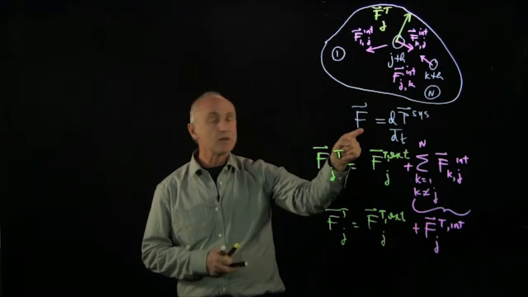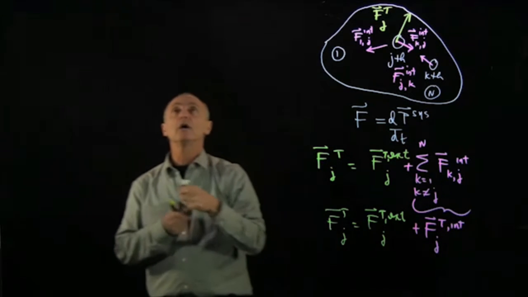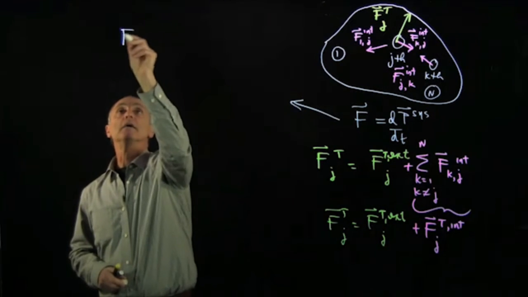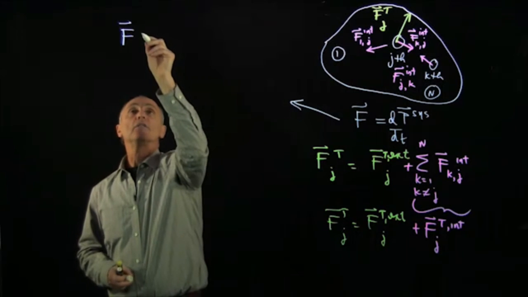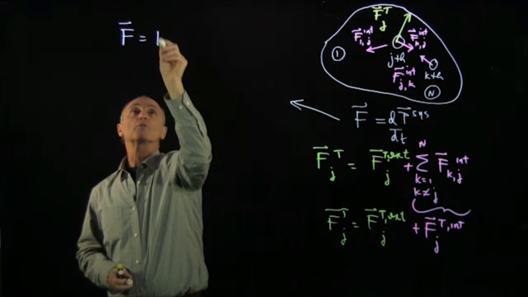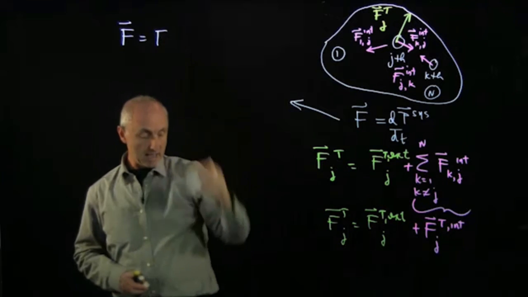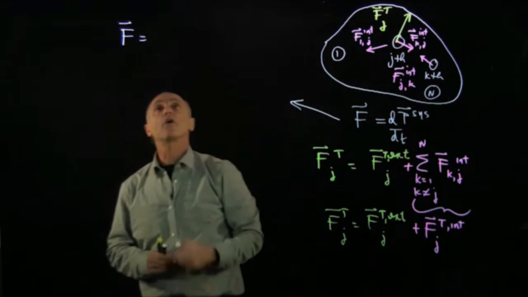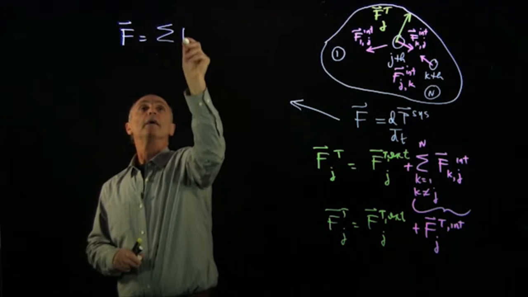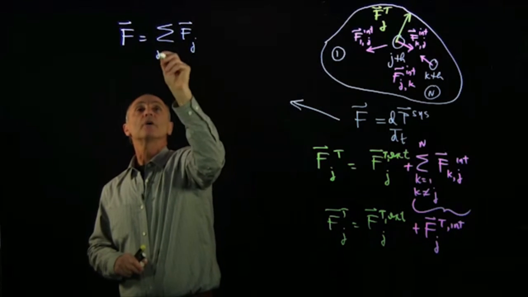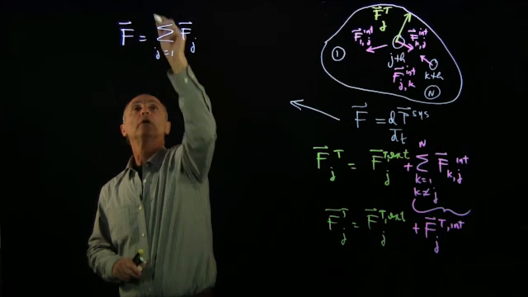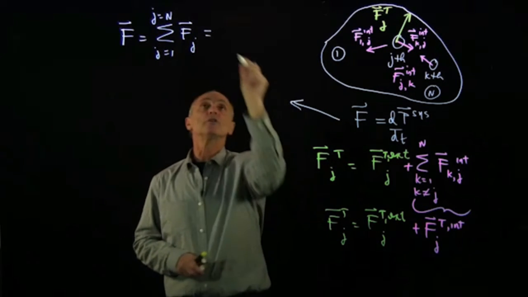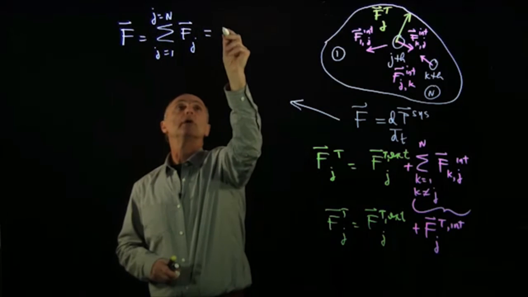And now, when we look at this sum, and we want to apply our main idea, let's explore this. Our total force is the sum of the forces on the jth particle. And we've now done this decomposition. I'm going to drop total.